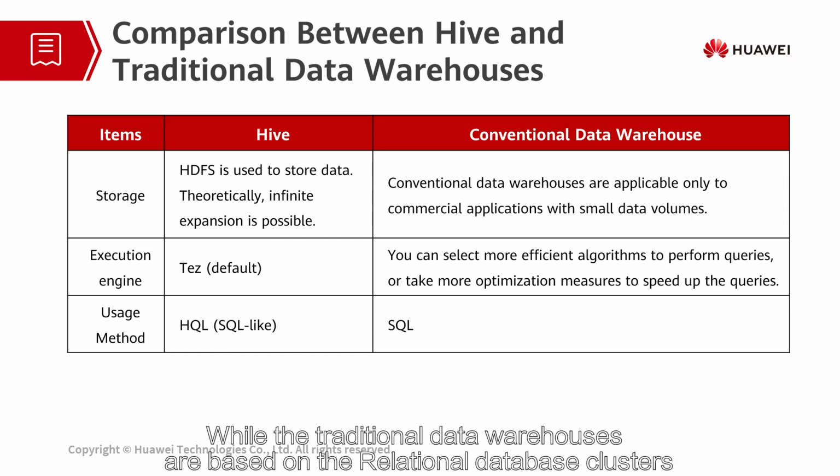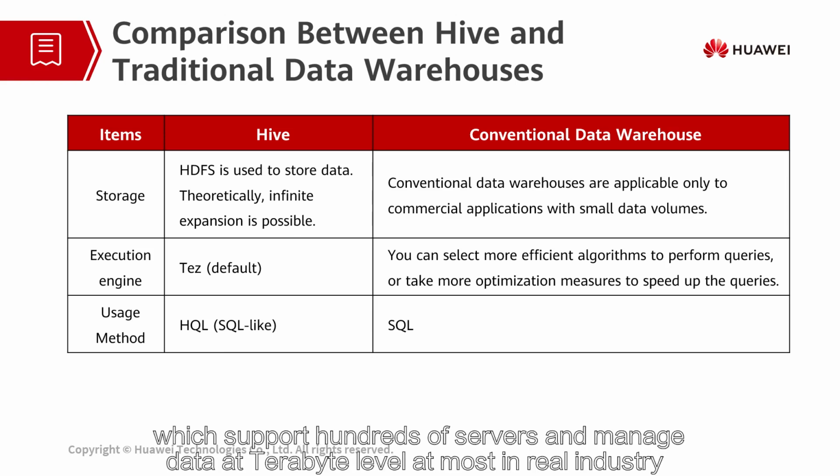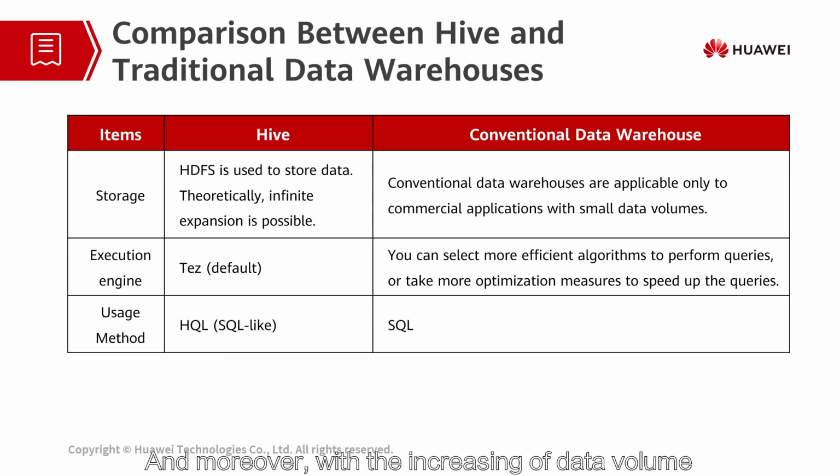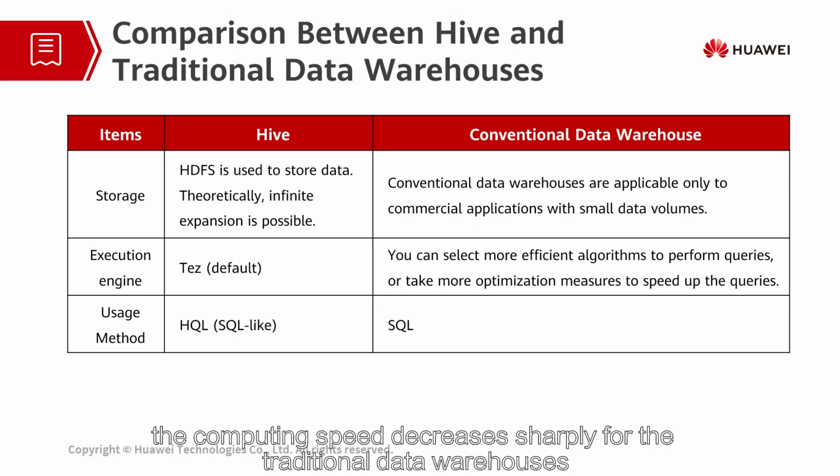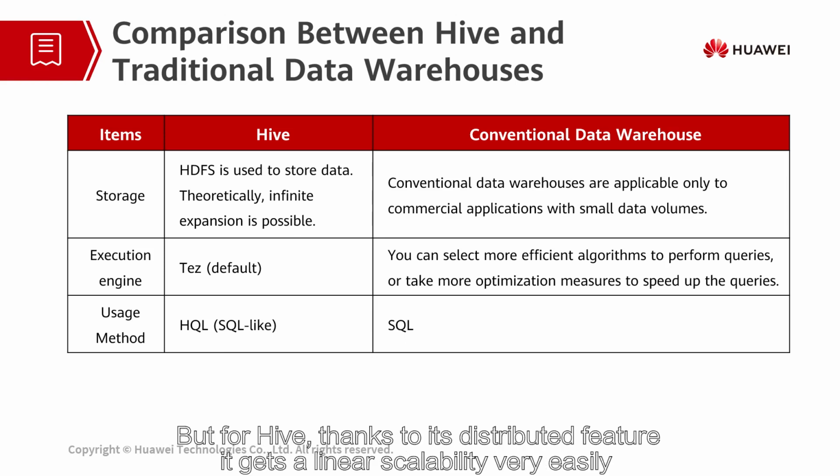While the traditional data warehouses are based on relational data clusters, which support hundreds of servers and manage data at terabyte level at most in real industry. And moreover, with the increase of data volume, the computing speed decreases sharply for the conventional data warehouses. But for Hive, thanks to its distributed feature, it gets a linear scalability very easily.